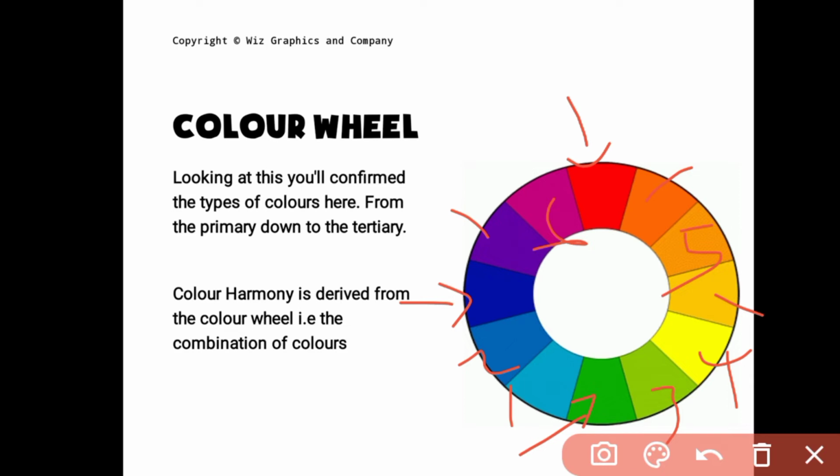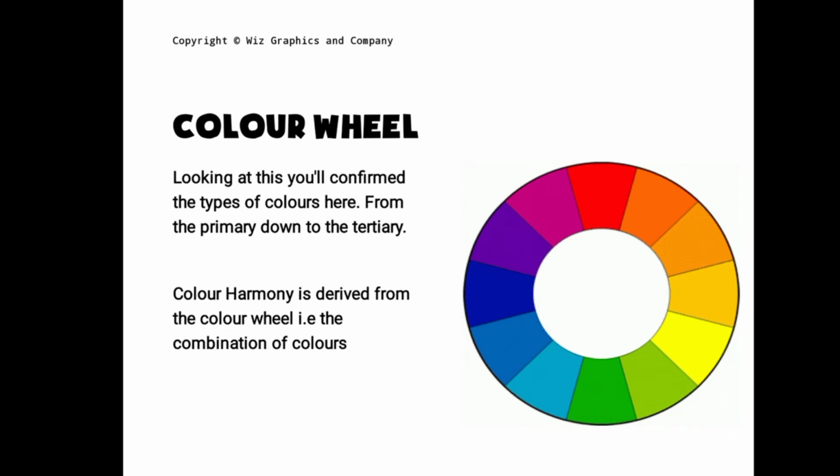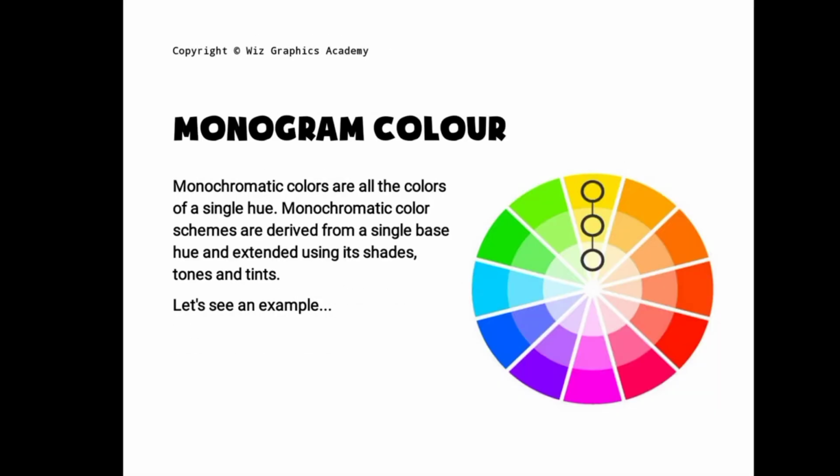Now let's go to the color scheme. There are 4 types of color scheme. The first one we are going to see here is the monochrome color scheme.